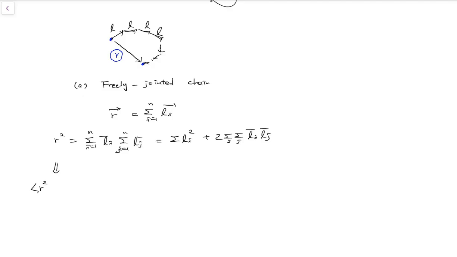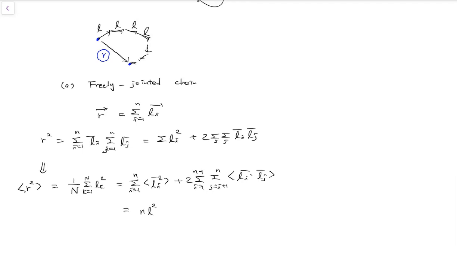And if you take the average, the average would be 1/n times the sum over k to n of Lk square, which is n Li square plus 2 times the sum over n minus 1 of Li Lj, which is equal to N L square plus 2 L square times the sum from i plus 1 to n.